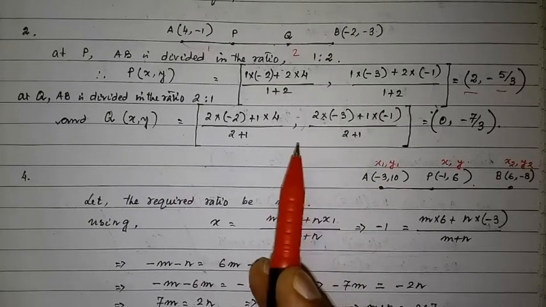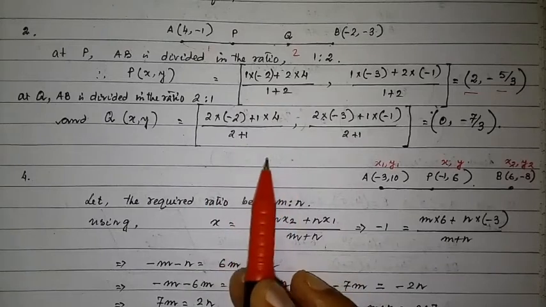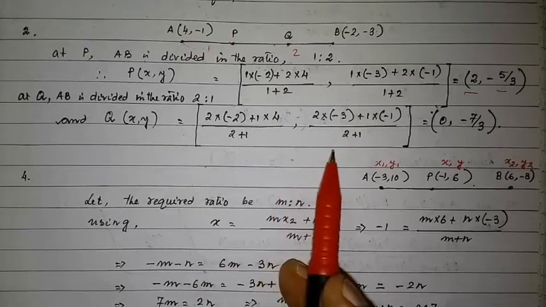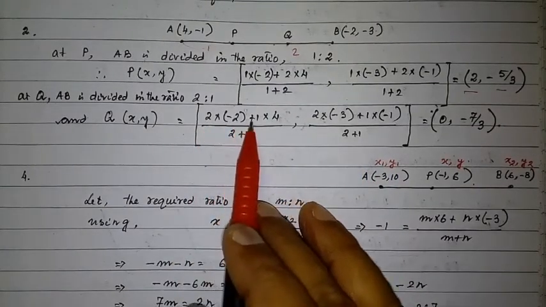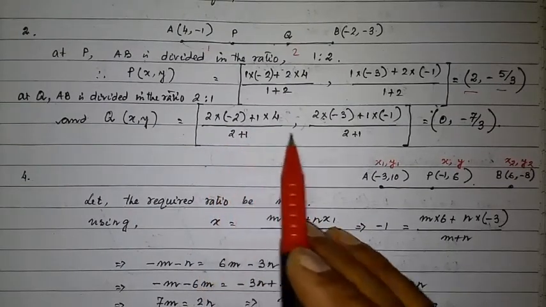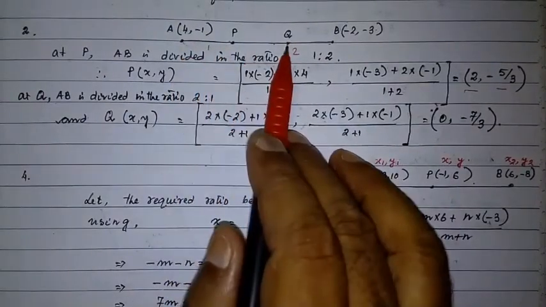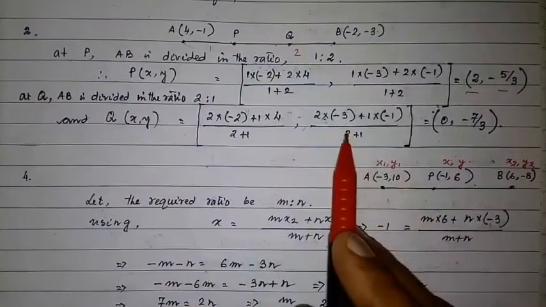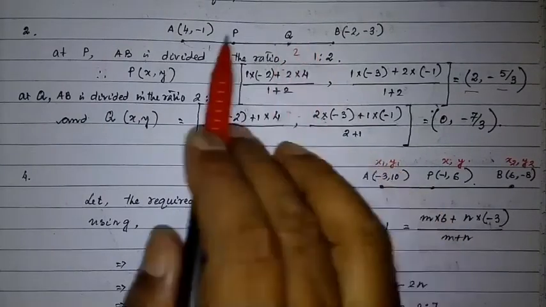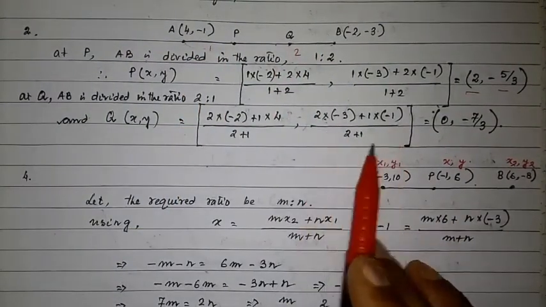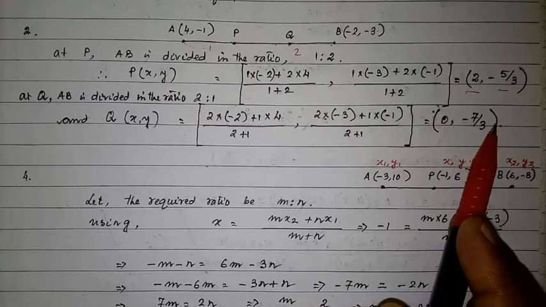Therefore, x and y coordinates of the point Q, using the same formula mx2 plus nx1 by m plus n and my2 plus ny1 by m plus n, we can write 2 into -2 plus 1 into 4 by 2 plus 1, m plus n. Similarly, my2, m this side 2, then y2 means -3, plus this side ratio 1, so n is 1, y1 is -1, by m plus n, 2 plus 1, so this will come (0, -7/3).